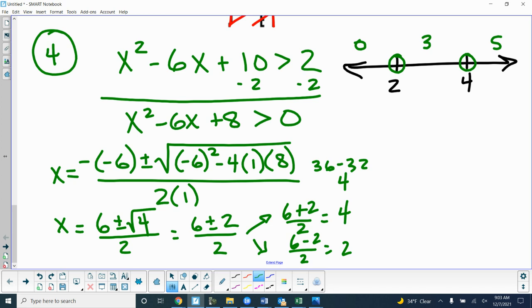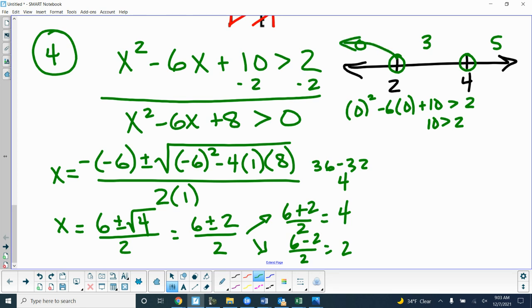Whatever works, I draw a line or arrow in that section. Okay? So, I'm going to put 0 in first. Well, that's 0, so is that 10? Is 10 greater than 2? Yeah. So I'm going to draw an arrow towards the 0.